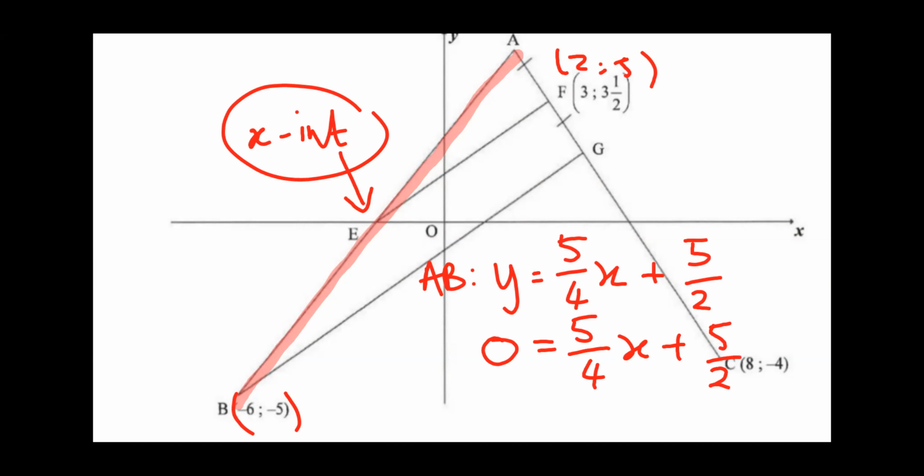Okay, then I'm going to take the x's to the left and divide by the -5 over 4. So I take the x to the one side, which gives me -5 over 4, and then I'm going to divide by that eventually.